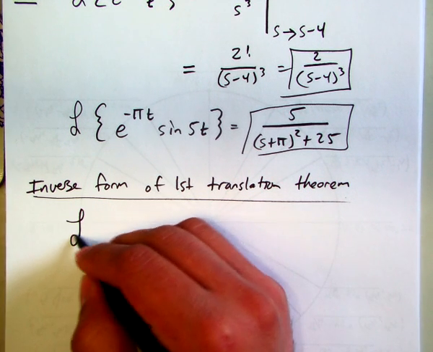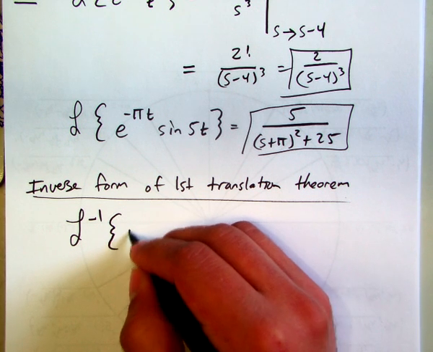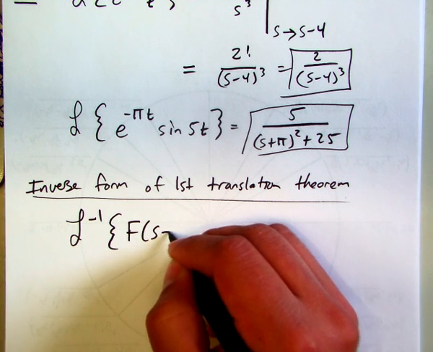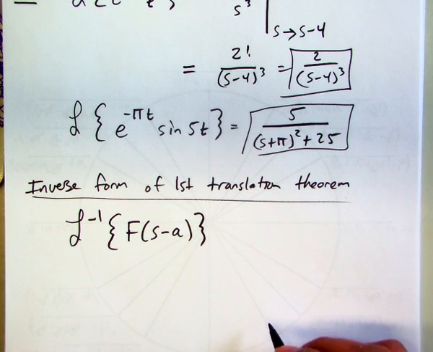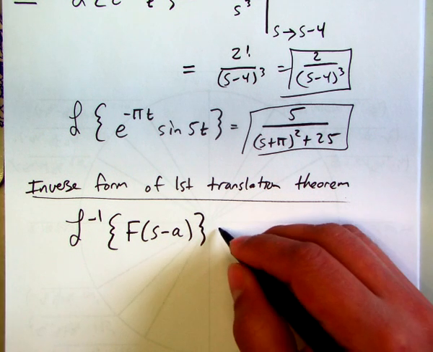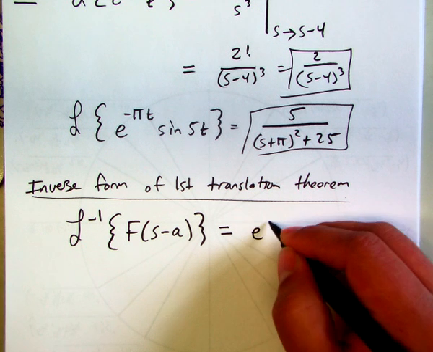If we're doing the inverse transform of some function and we recognize that it's been shifted or translated, then that'll simply be e to the at f of t.